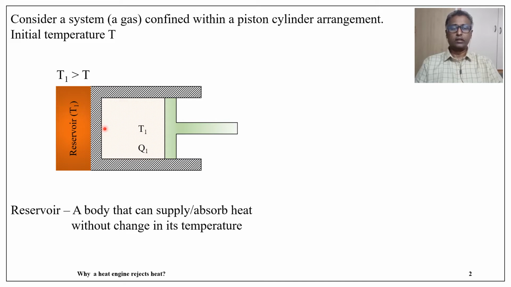Definitely, the piston will not move continuously. It will stop at a particular point. So what is the point at which it stops? Look at the sketch. T1 is the final temperature of the system. That means the system has undergone a change of state. From the initial temperature T, it reaches the final temperature T1.